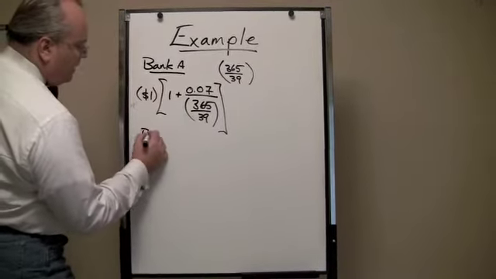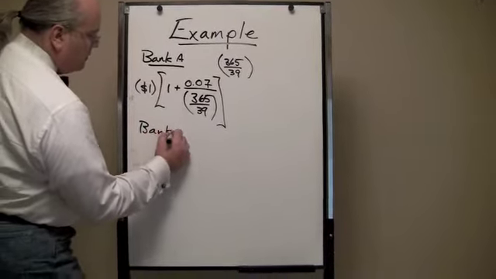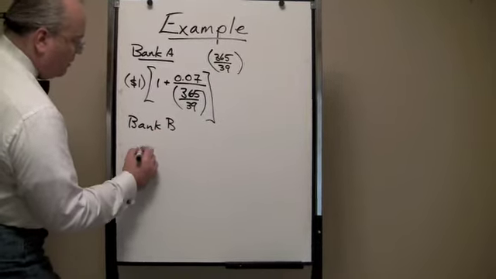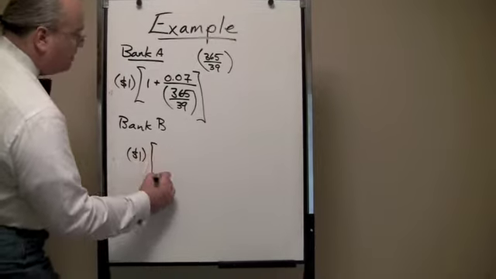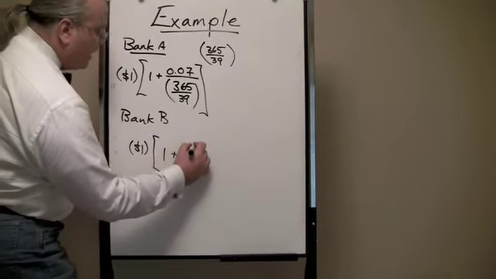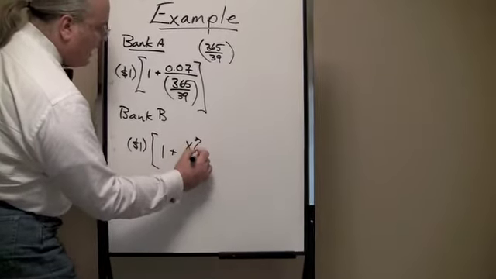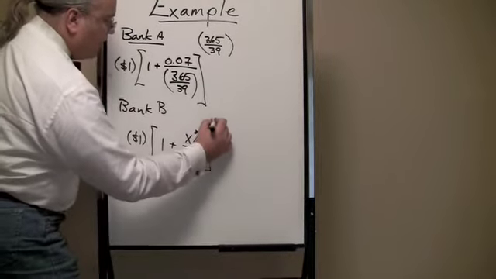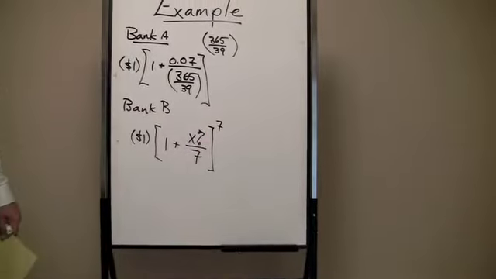In Bank B, what I will have at the end of the year is $1 multiplied by 1 plus my X percent, which I have to calculate, divided by 7, raised to the power of 7.